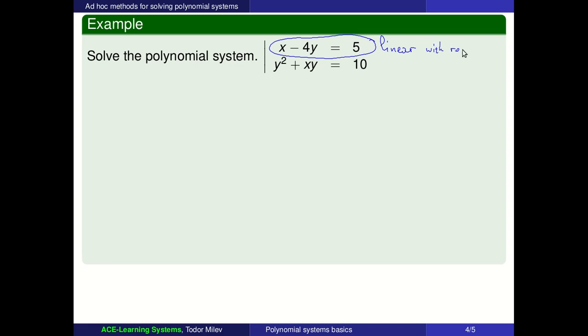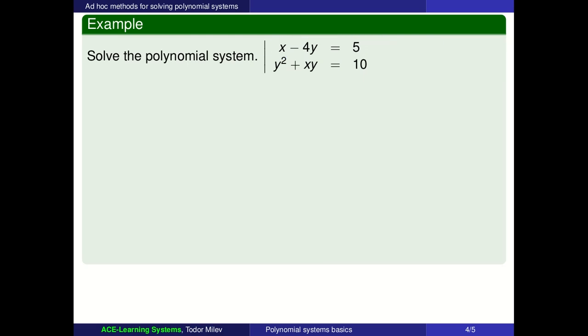That means that I can express x as a function of y, and I can express y as a function of x, whichever I prefer.